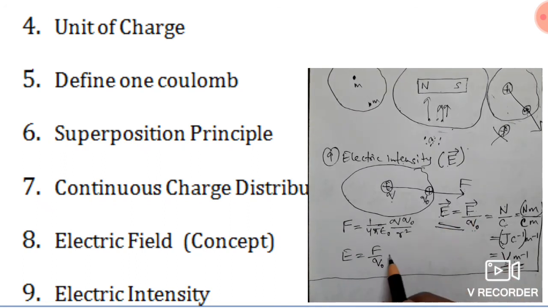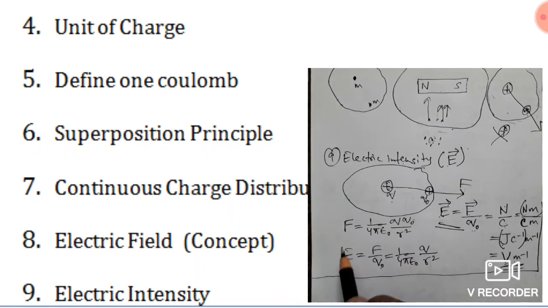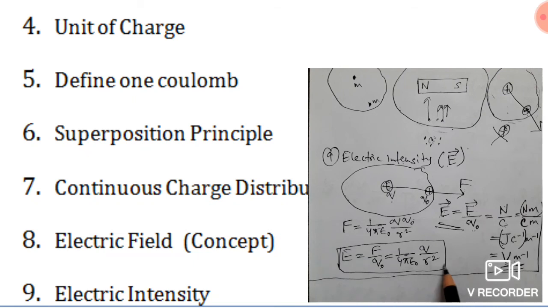So Q naught will be divided and omitted: 1 by 4 pi epsilon 0 Q by r square. This is the expression for electric intensity due to a single point charge.